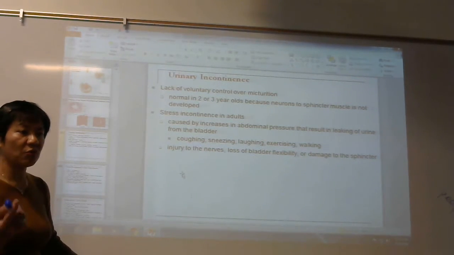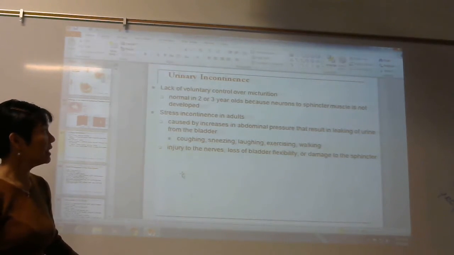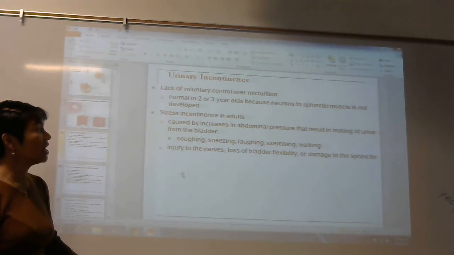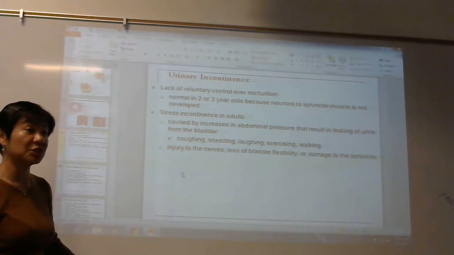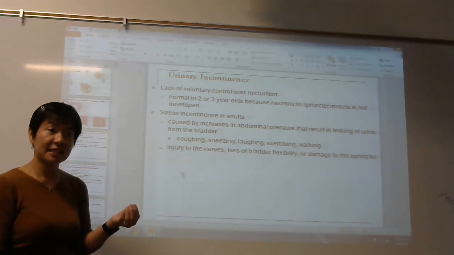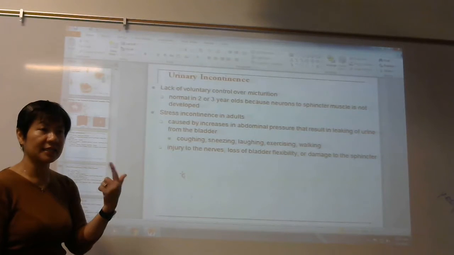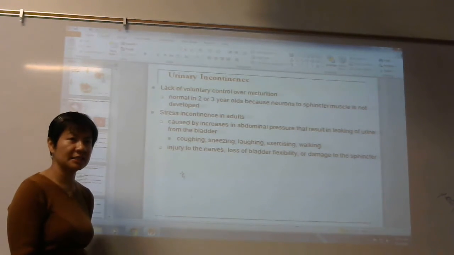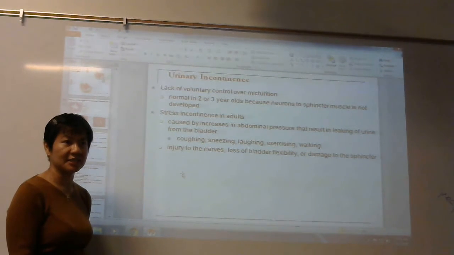When you get older and maybe you have a stroke, then you can have incontinence. So it's called neurological incontinence, or stress incontinence, which is very common among females. Because the external sphincter is a skeletal muscle, you can strengthen that. What do you call the exercise? Kegel exercises, right?